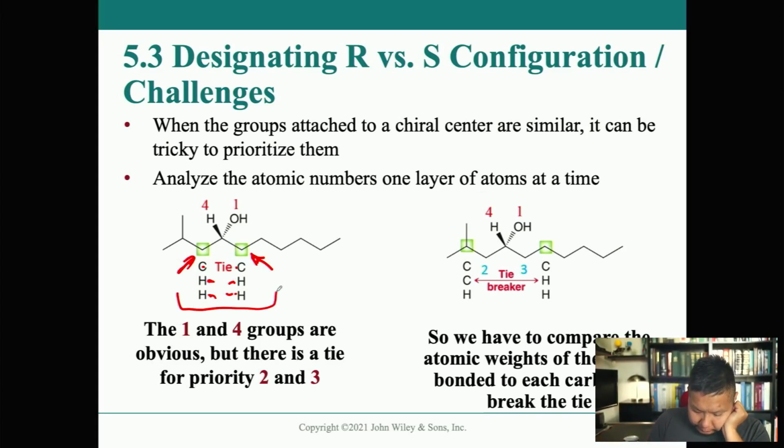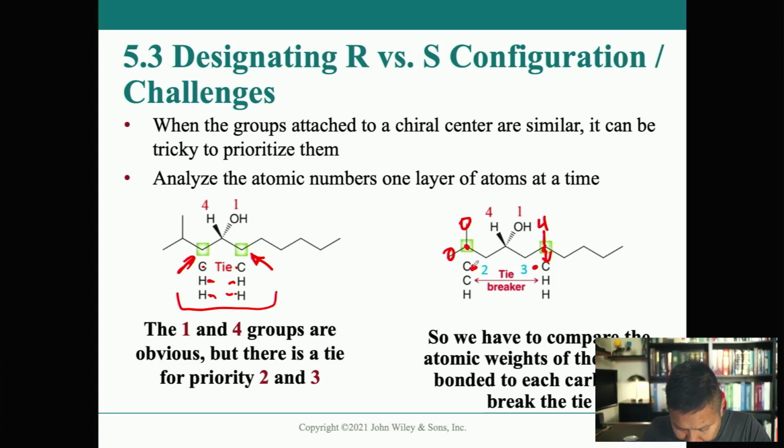Now when we do it, we still have two carbons here that are the same. But this carbon over here has a methyl group attached to it, and this carbon over here has 2 H's attached to it. So we can do our tie-breaking procedure again, where the first thing is always the constituent itself. They're both carbons, right there and right there.